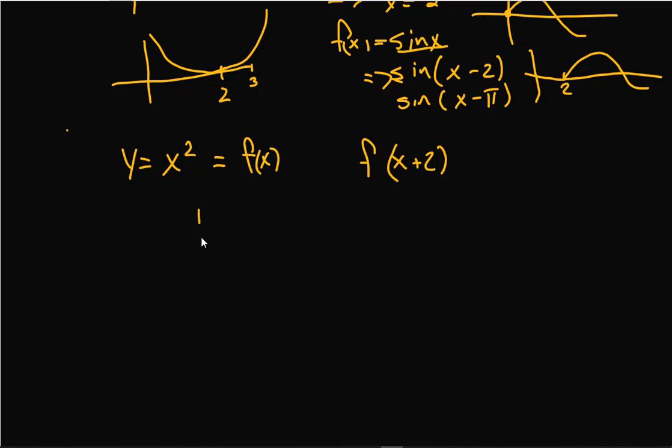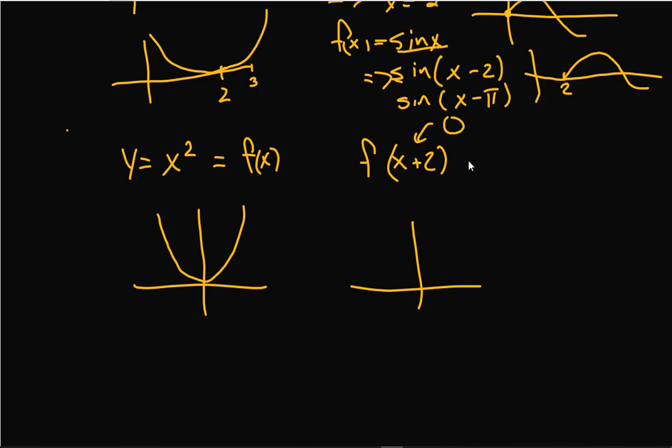And thinking of it in the same way, if we start with this function, y equals x squared, then we can say, when is this going to be at its lowest point? In other words, when is the argument going to be equal to 0? Because that's when this is x plus 2 squared.